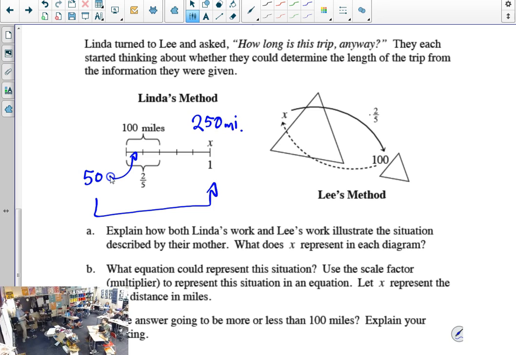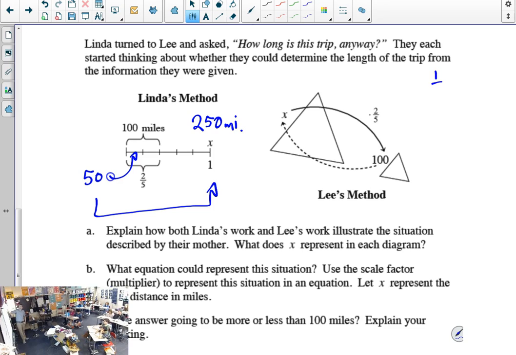We do the same thing in geometry. If given a shape, and you know the shape you have is 2/5 of a larger shape, you can do the same thing. Except there's a really easy way to do both of those steps that we just took at the same time.